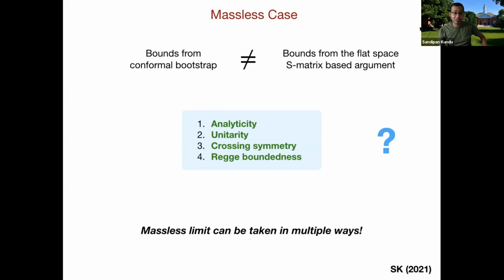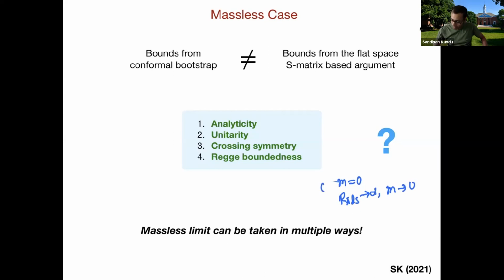In the massless case, from the CFT perspective, it is very subtle in the sense that there are many different ways you can take the massless limit. For example, I can start with m equals 0 in the AdS effective field theory and then study that example. Or I can take the mass to be very small, then first take R_AdS to be large, and then take the mass to 0.